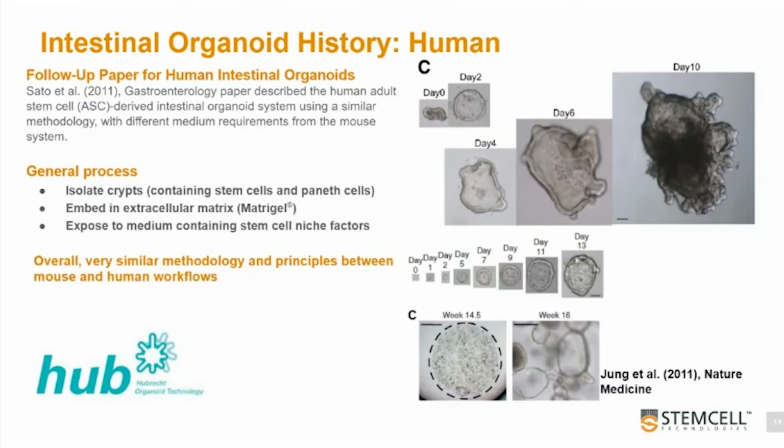In 2011, the same technology was published for human intestinal organoid cultures. The media was slightly different due to differences between human and mouse biology, but overall, there were very similar methodologies and principles between the mouse and human workflows. All of this is under a patent from Hubrecht, whom STEMCELL have partnered with for exclusive global licenses for this technology.